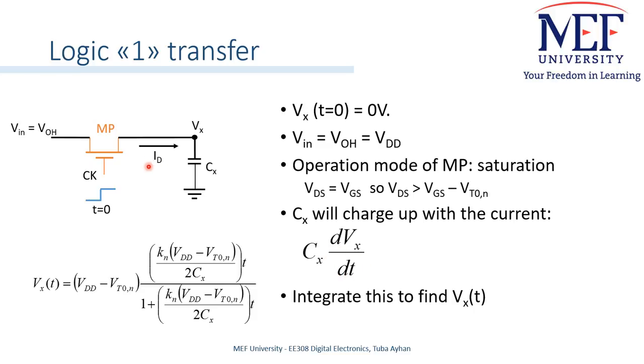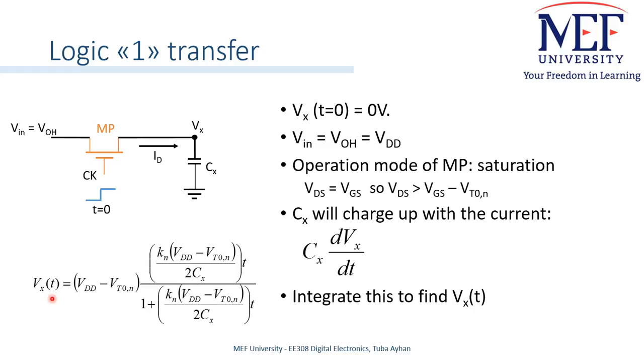We can write the equation of ID, because we know that MP will be in saturation, as a function of Vx, Vin, and Kn and Vt0 of this MP transistor. Then we can solve this equation set to find Vx as a function of time. Then we will have this function here.